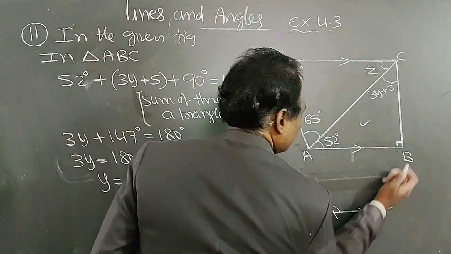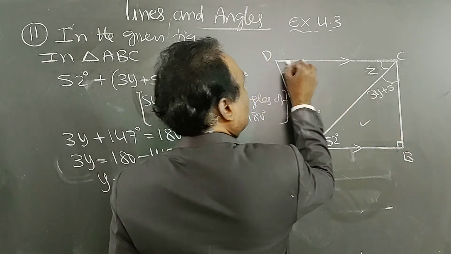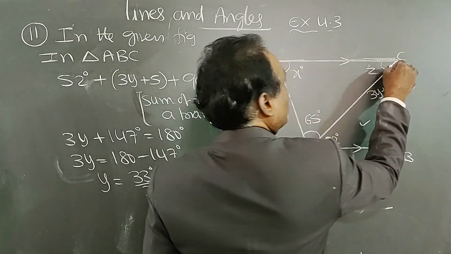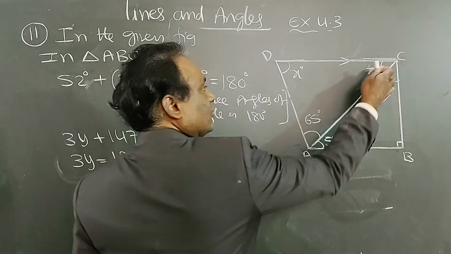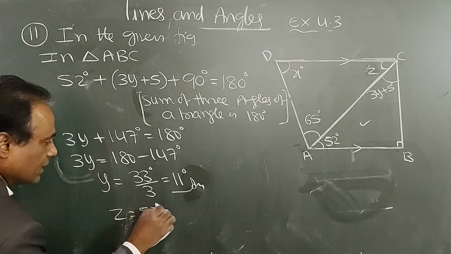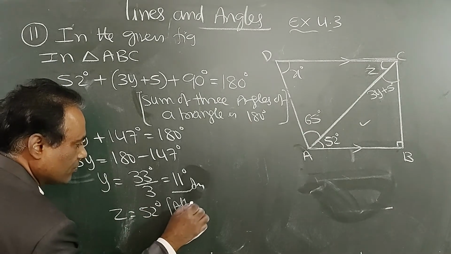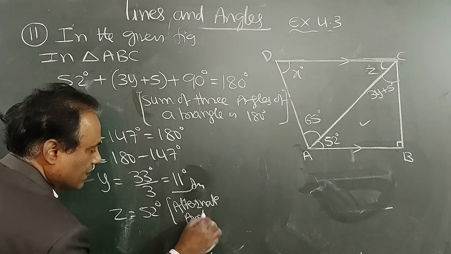See here, students, this is a parallel line, this is a parallel line, and this is a transversal. These two are alternate angles, students. Angle Z is equal to 52 degrees. Alternate angles, interior alternate angles.